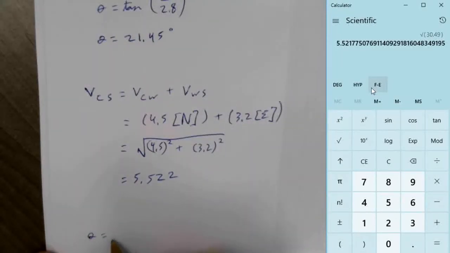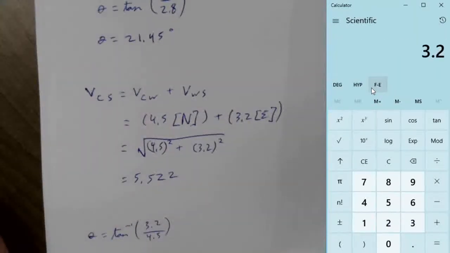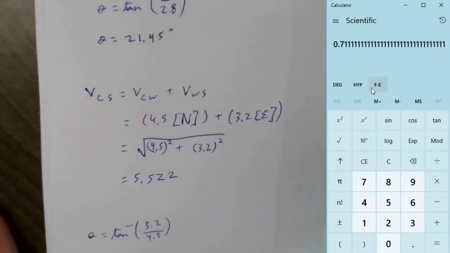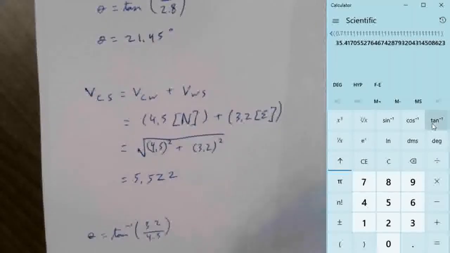I have to do a side calculation, so I can do that underneath here. The inverse tangent of my lower value, 3.2, divided by my higher value, 4.5. 3.2 divided by 4.5 gets me to 35.42 degrees.